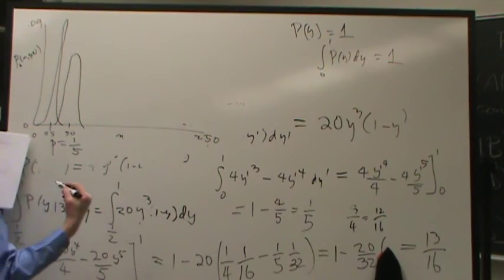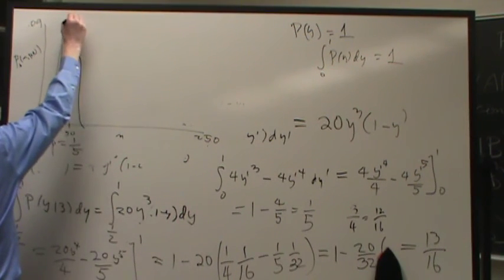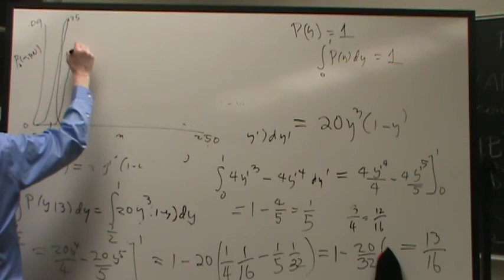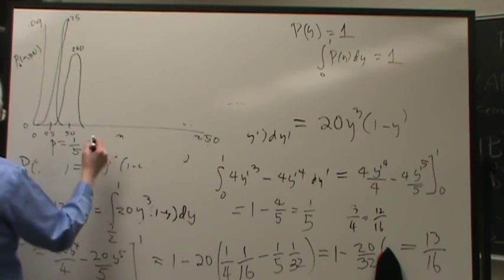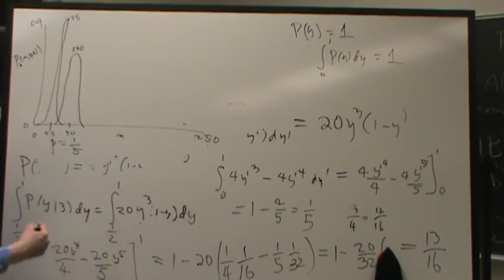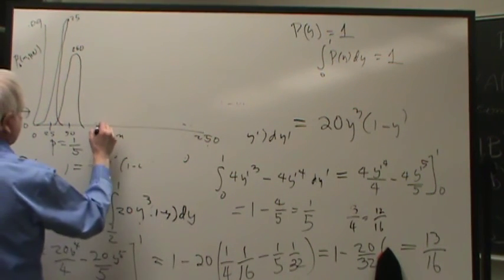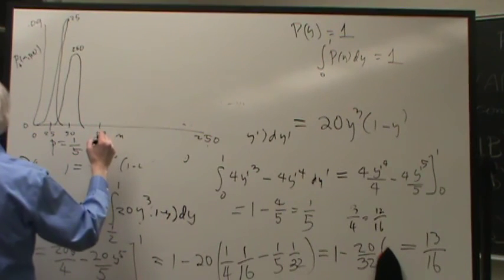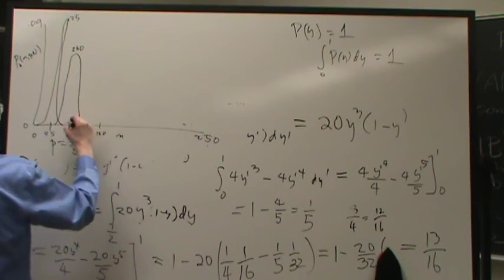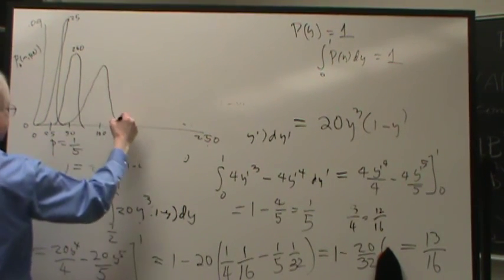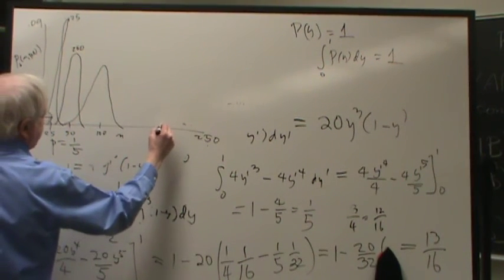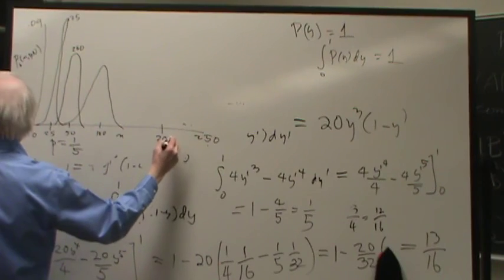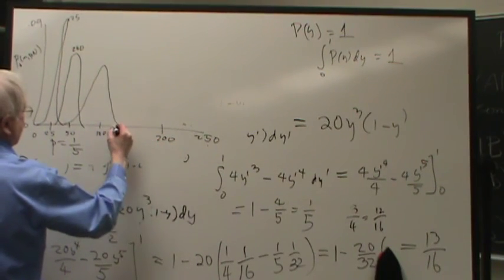If you do 500 tries, so this is 125, 250. If you do 500 tries, the 1/5 times 500 is 100, and so the mean is here, and it's somewhat broader. And then if you do 1,000 tries, the mean is going to be 200, and it's going to be yet broader.